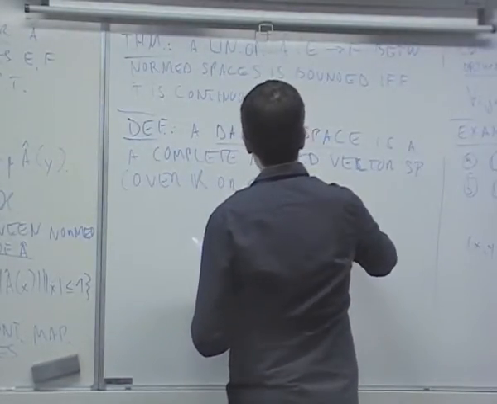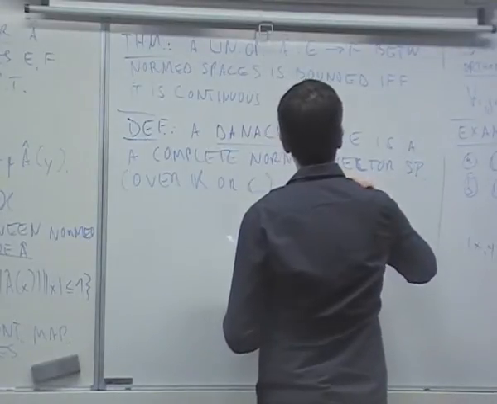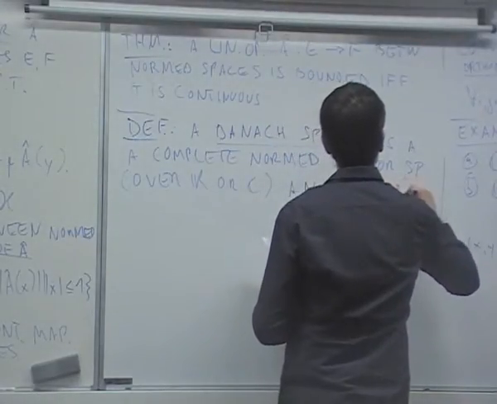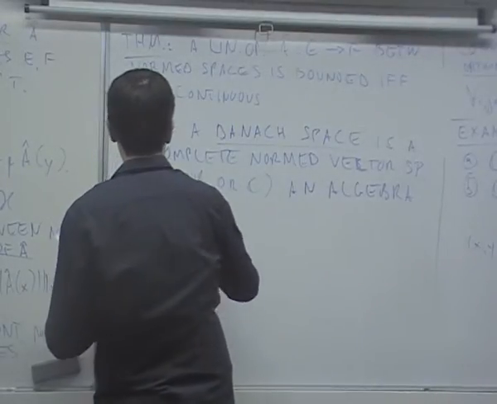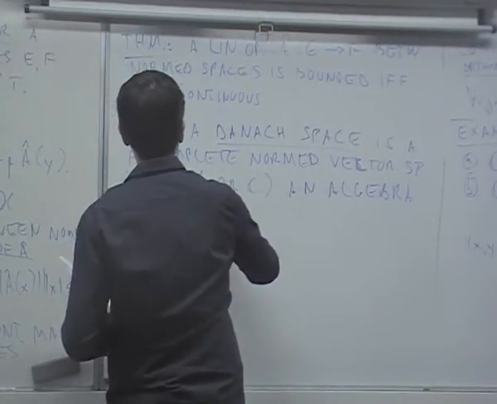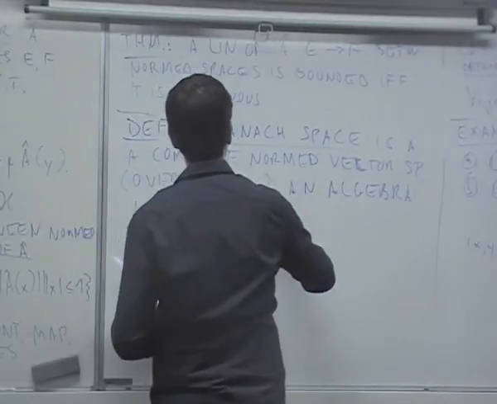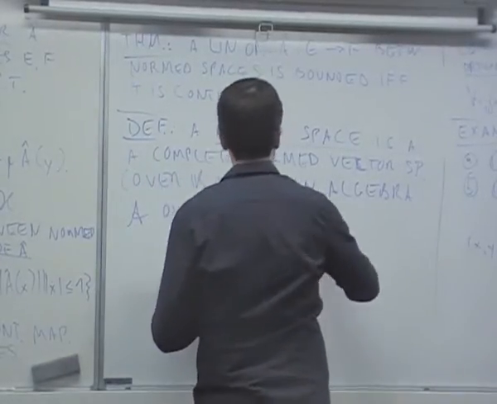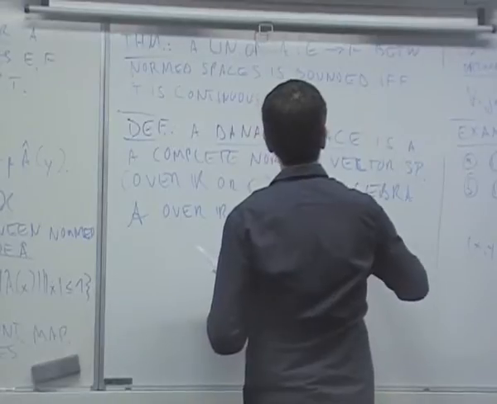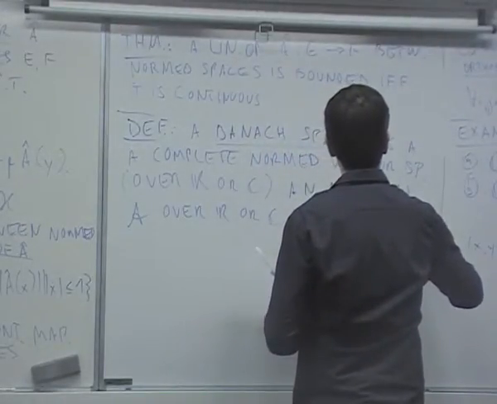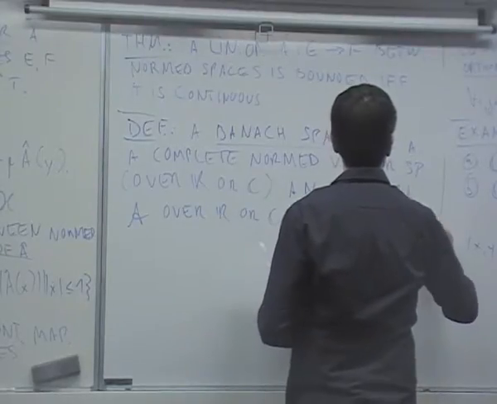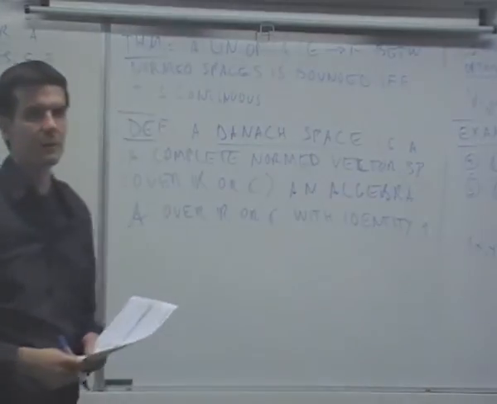Okay, and now an algebra, let's call this curly A, over, once again, C. We assume that there is an identity. This is not essential, but it makes our life easier.